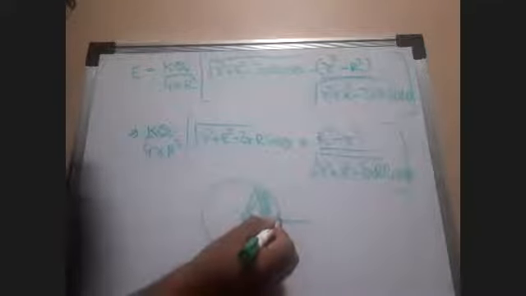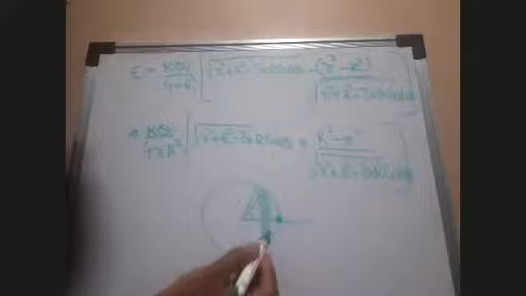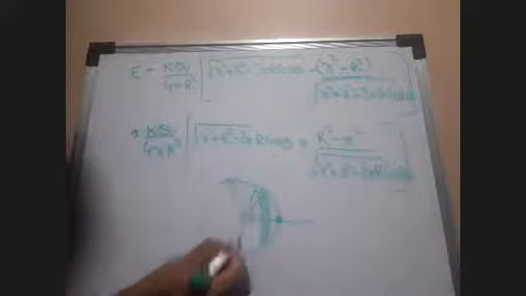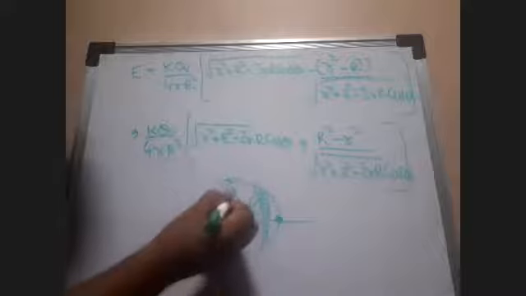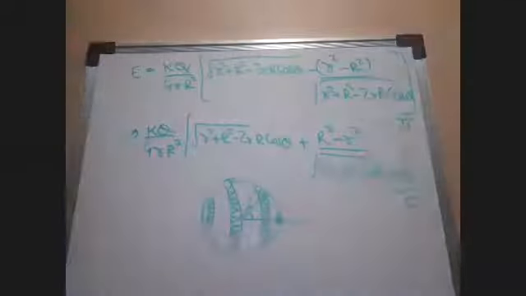If I make theta 0, I will get a ring over here. And if I keep increasing theta, the ring will keep passing through the sphere in this direction till theta becomes equal to 180. So the limits are from 0 to 180. So I will write here 0 to pi.